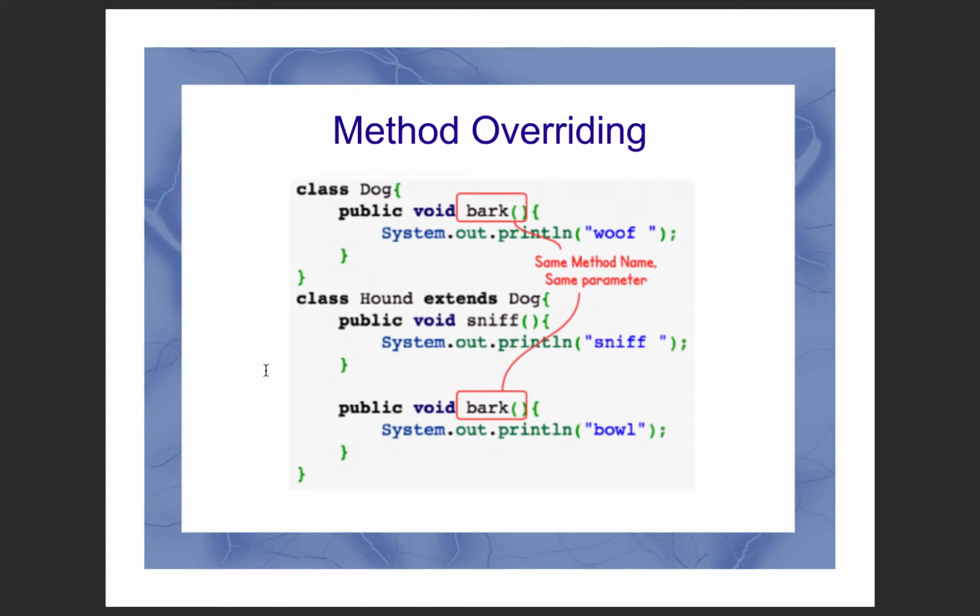However, you can see that we overrode this bark method in the subclass. What is the difference? In the superclass method, one string is printed using the println keyword.